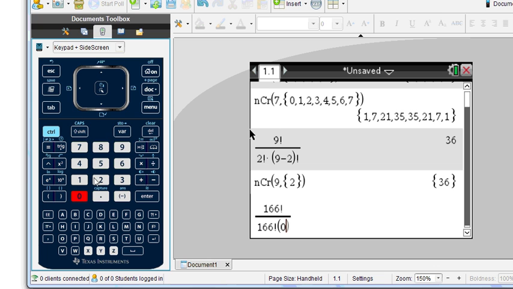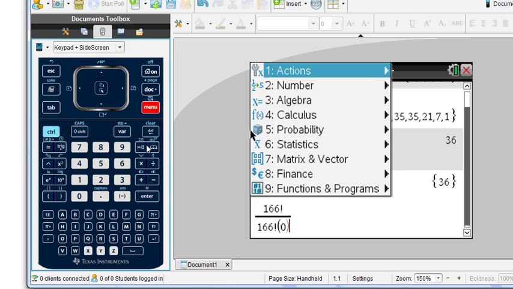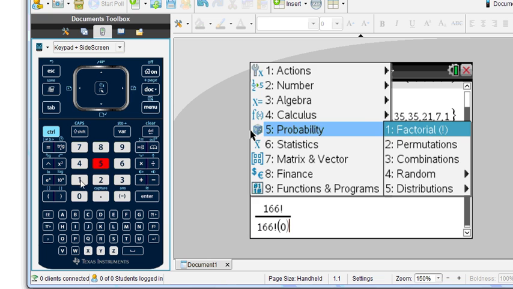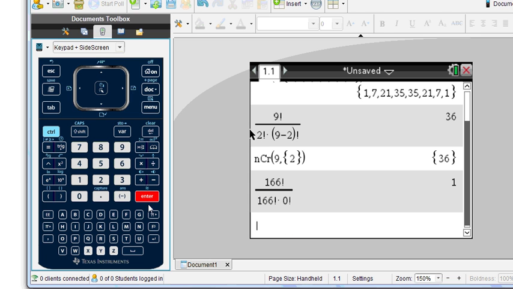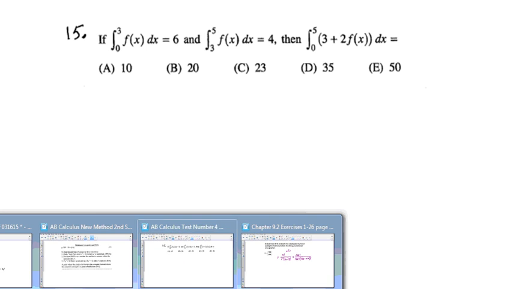I know 166 minus 166 is 0, so I'm just going to shorten that to 0 and put a factorial here, probability 1, and we get 1. That is our answer.